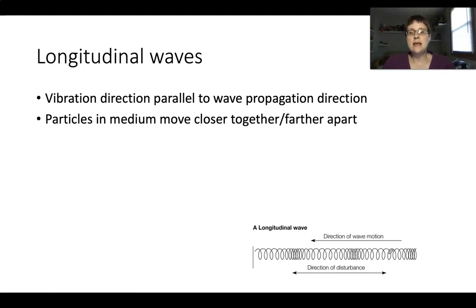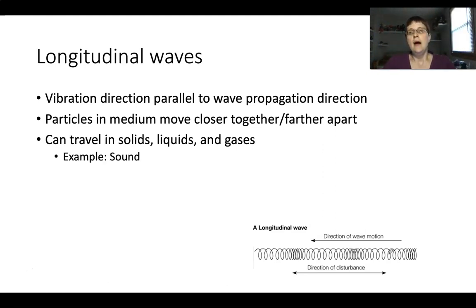So here, like I said, the particles in the medium move closer together and farther apart. So they're going to get squished and spread, squished and spread. Longitudinal waves can travel in solids, liquids, and gases. So they can travel in all of the different phases that we've talked about before.